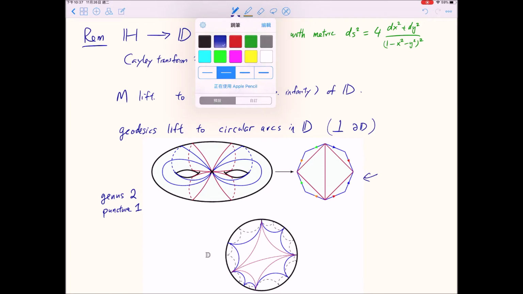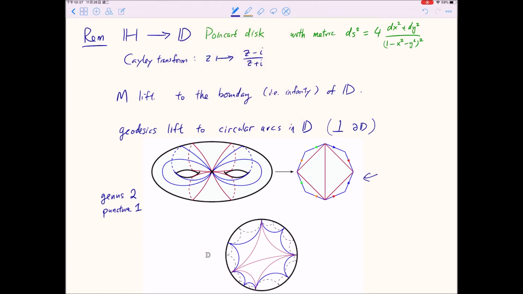And so last time we talked about ideal triangulations. In the polygon picture, it's just the usual triangles. But now we require that these red lines, the edges of the triangles, should also be geodesics on your Poincare disk model. So in particular, each triangle will have its vertices on infinity.